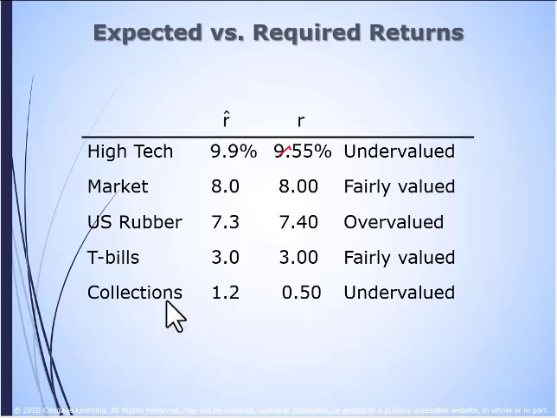So let's look at collectibles though. 1.2% is what it earned. Technically, according to theory, you only want 0.5%. So it actually pays you more money than you want on a risk-adjusted basis.